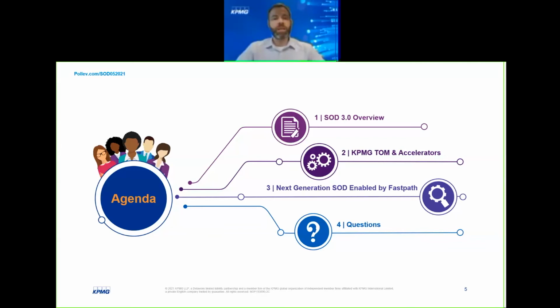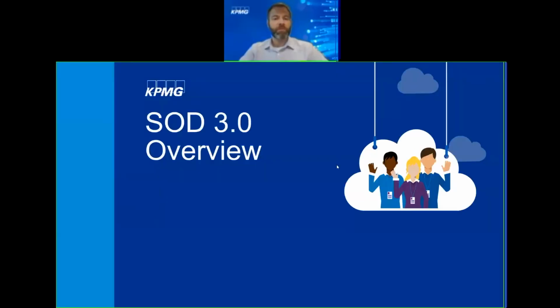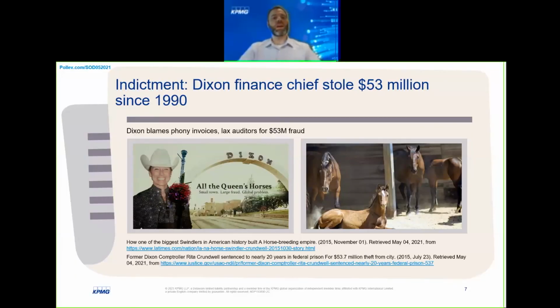So as we jump into the content, I like to start out with a case study which says, why are we all here today? I like to start with this. If you're not familiar with the documentary called All the Queen's Horses, this is a fantastic documentary. It was on Netflix.